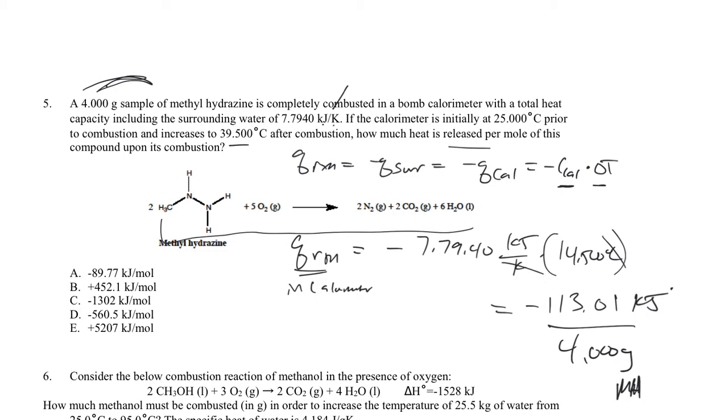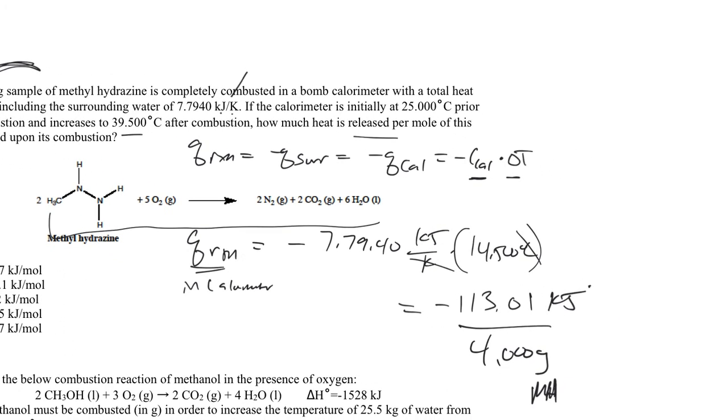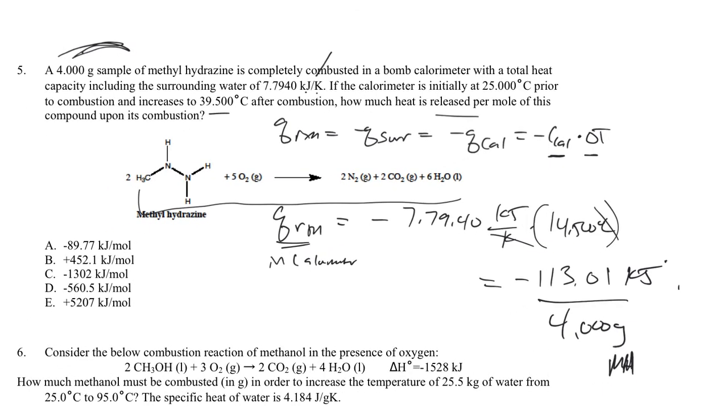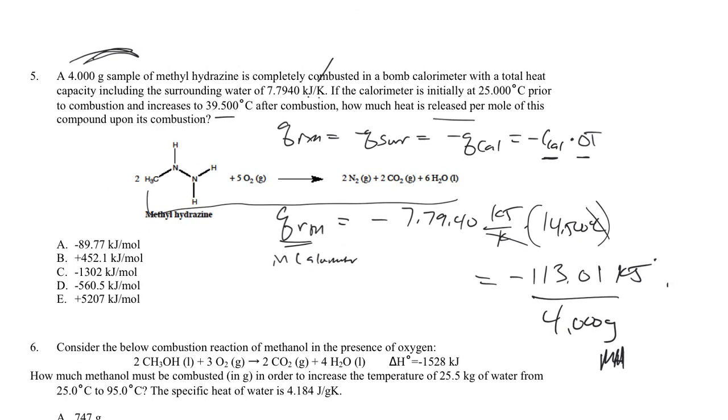If we want the heat per mole of the compound, we just have to go from grams to moles. We weren't given the molar mass of the compound inside the problem, so we just have to look at the formula. We're going to divide the negative 113 by 4 and then multiply it by the mass of 12.01 for 1 carbon.